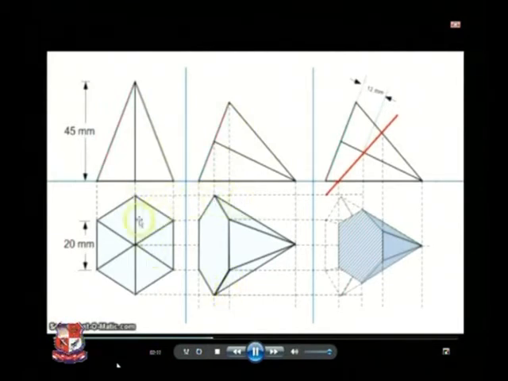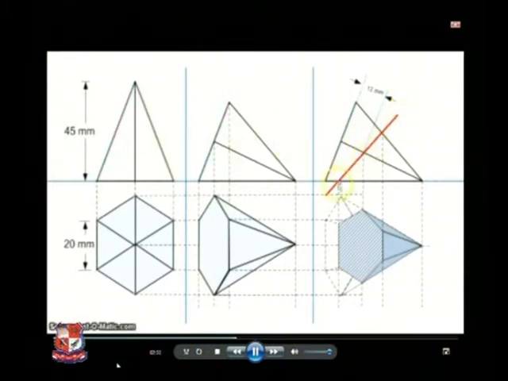And here this hexagonal base would be visible to us, and hence it is drawn by full lines like this. These lines would be full lines as the base is visible, and these edges would be visible, so that is to be drawn by full line.